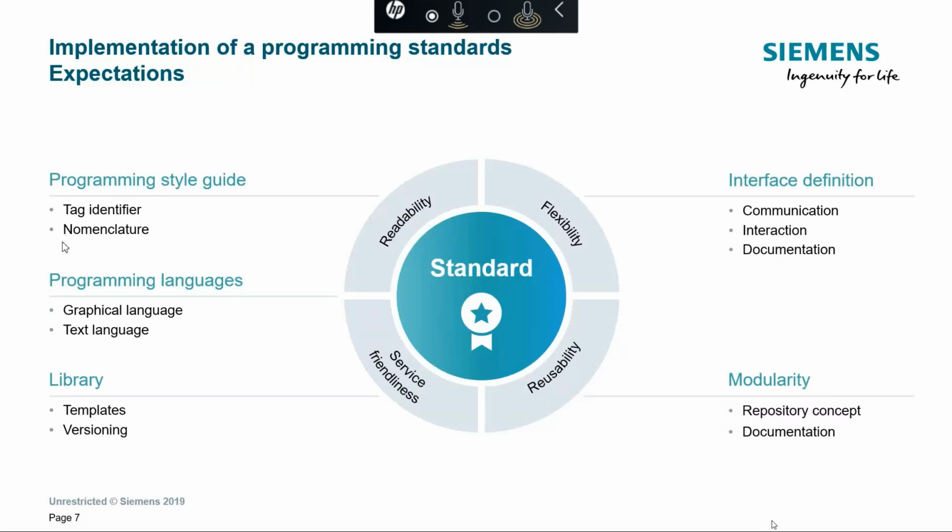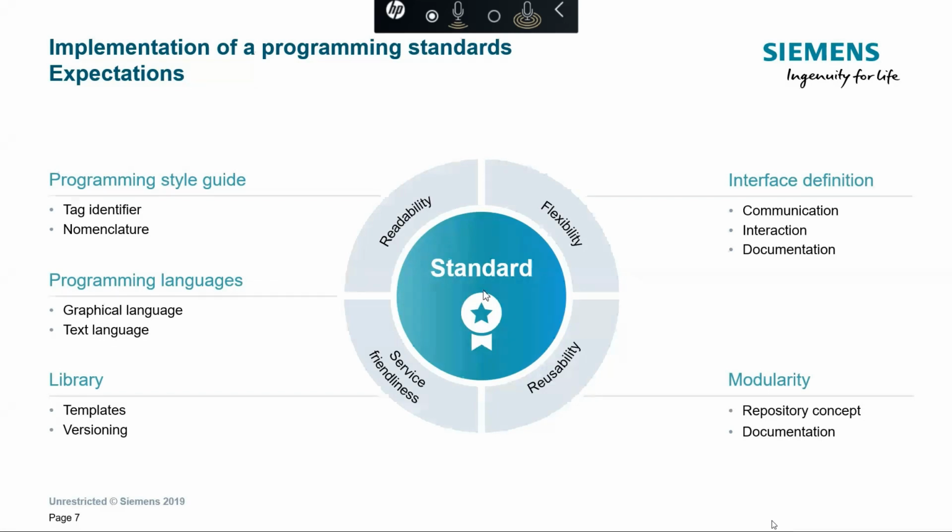What standard or nomenclature rules are you using for creation of different tags? How are you versioning your libraries and the templates that you create? How easily could you import a library that you have created from one project to a different project? All of these really make sense.